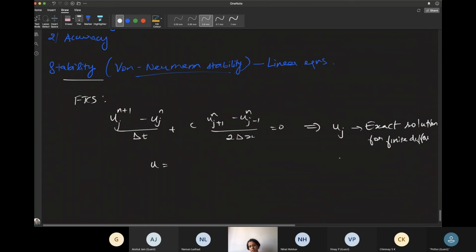This is different from the solution N, let's call it N. This is the solution that you get from the computer. For this finite difference equation itself, uj will have an infinite number of decimal points. So that will be approximated by the computer to a finite number, that is nj. So this is your approximate solution for the finite difference equation again.